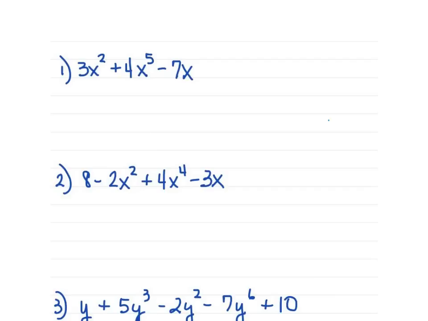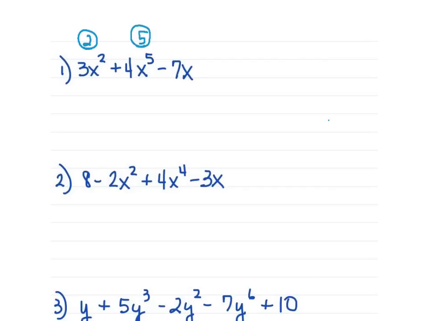Let's practice writing polynomials in standard form. When we write polynomials in standard form, we must order the terms from the greatest degree to the least degree. So let's find out what degree each of these monomials has. 3x squared is second degree, or quadratic. Positive 4x to the fifth is quintic.